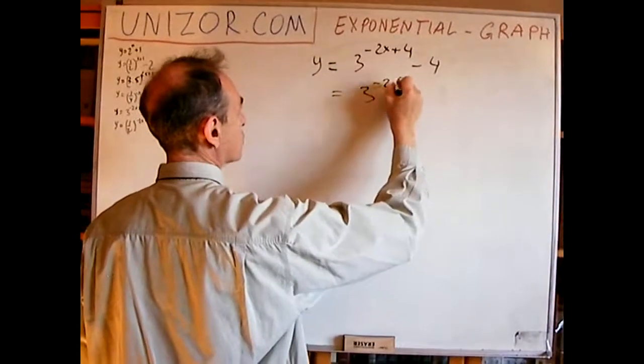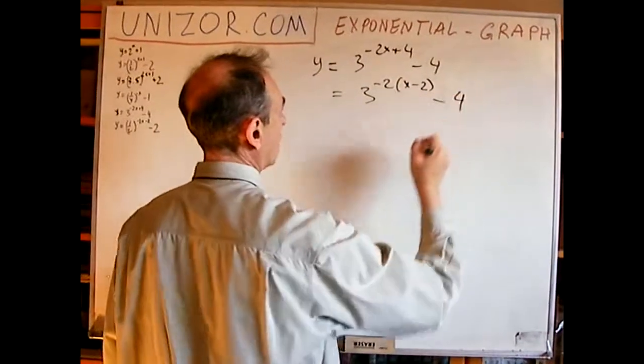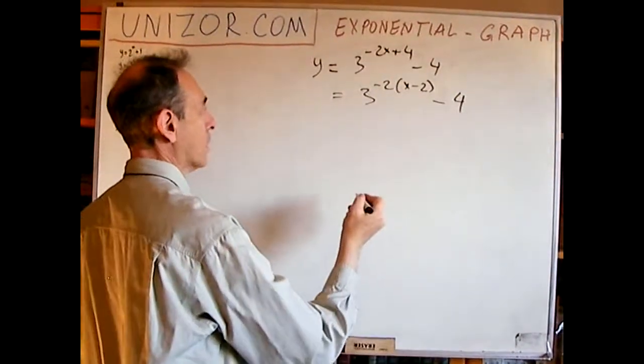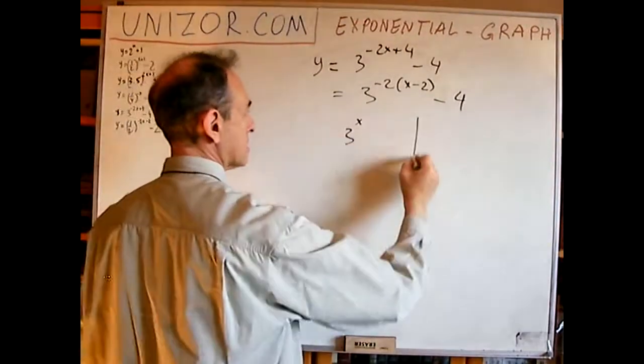3 to the minus 2x minus 2 minus 4. So I would start with 3 to the power of x, and this is this.